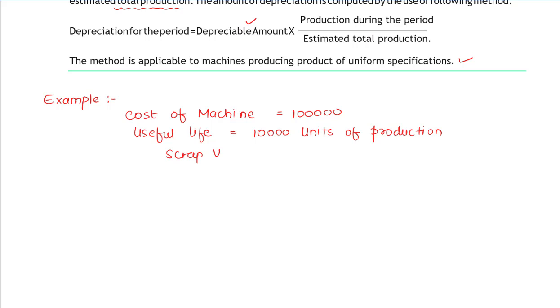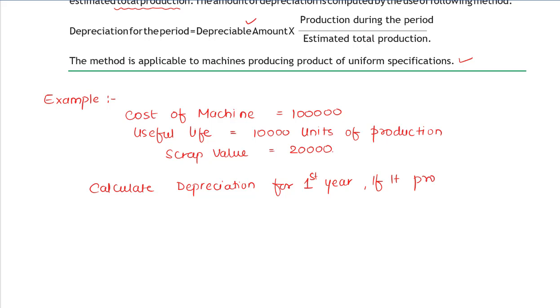Scrap value is rupee 20,000. Calculate depreciation for the first year if it produces 2,500 units in the first year.